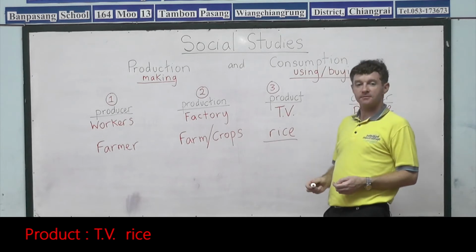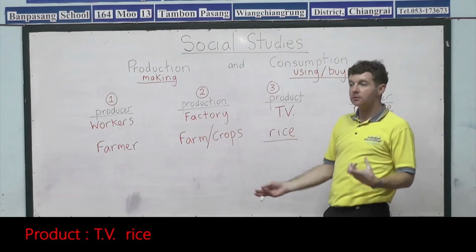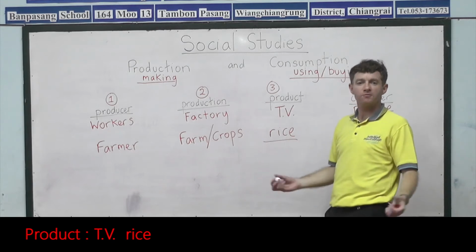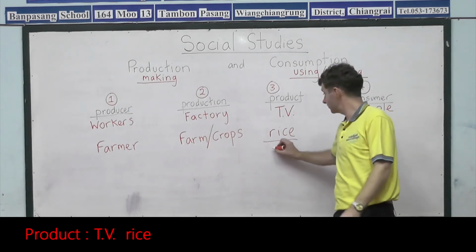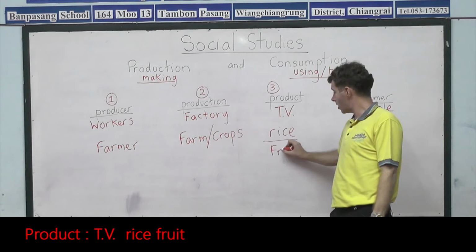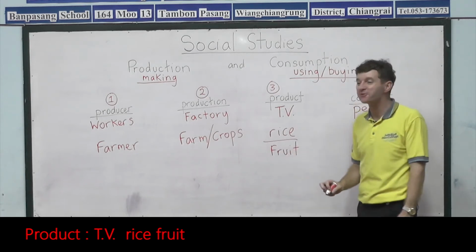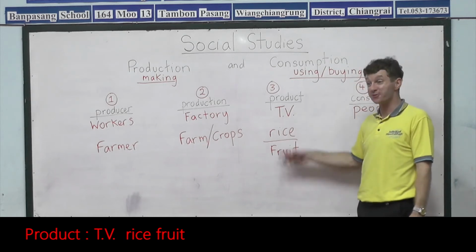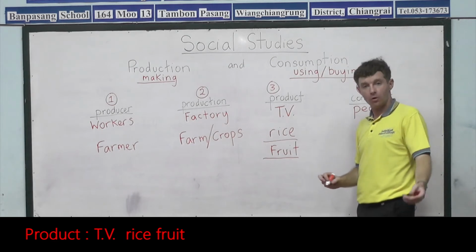Anything else? How about bananas, apples, oranges? What types of food? Fruit or corn. Rice. How do we spell fruit? F-R-U-I-T. Fruit, not food. It's all food. Fruit. And then corn.